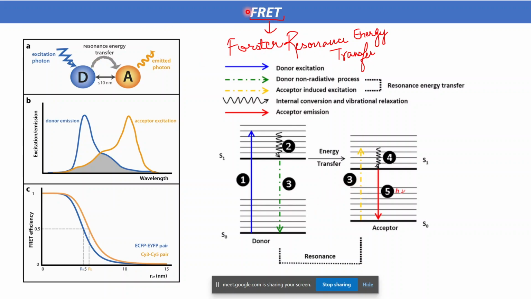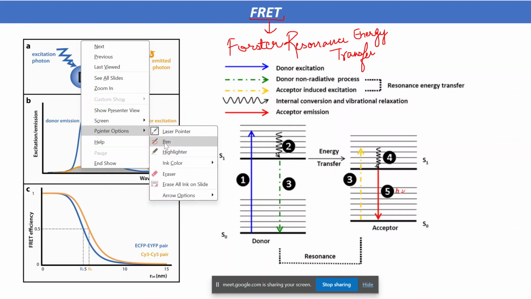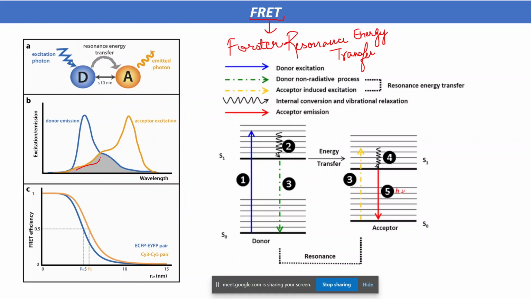So there are various conditions for FRET. The first condition is that the donor's emission should overlap with the acceptor's excitation. That is, there should be a spectral overlap. If you look at this gray part, this is the spectral overlap.